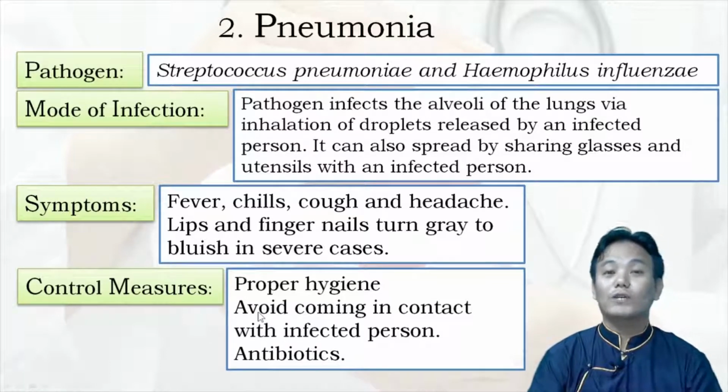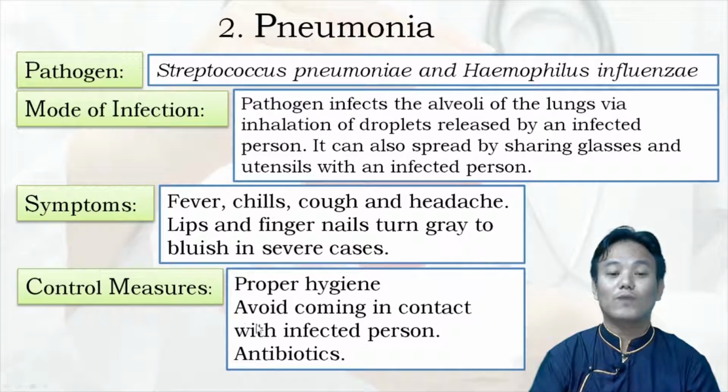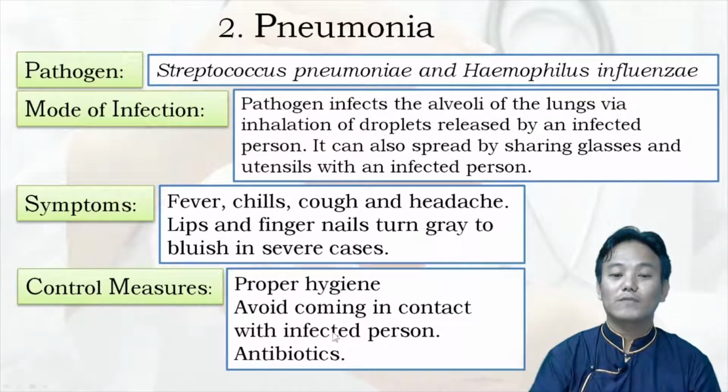We are avoiding public gatherings, so the government is putting bans on public gatherings. That is the reason why. So if you don't want to get pneumonia, you have to avoid contact with infected persons and avoid large gatherings of people.